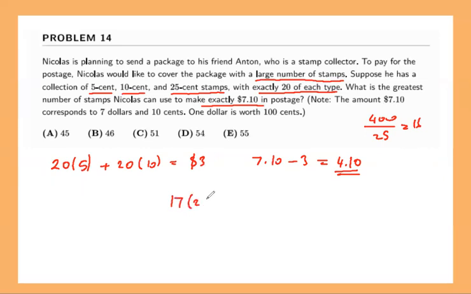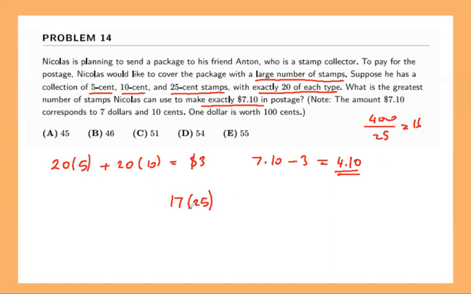Because our goal is to use fewer 25-cent stamps, if he's using 17 of those, the total will be 425 cents, which means he's going to need to decrease this number by 15 cents from the other part. We just subtract $3 from that total to get this number.